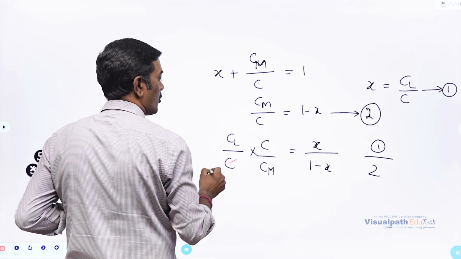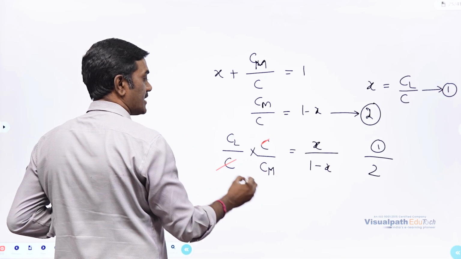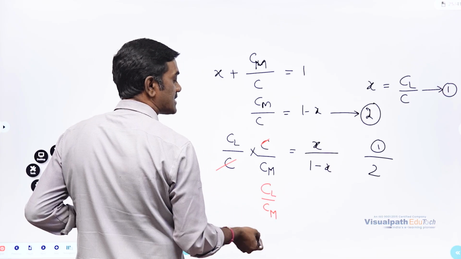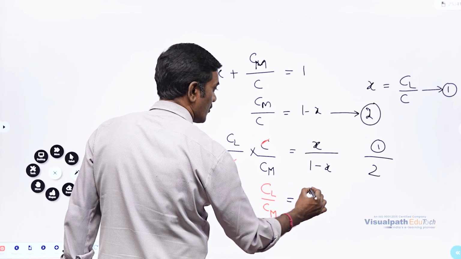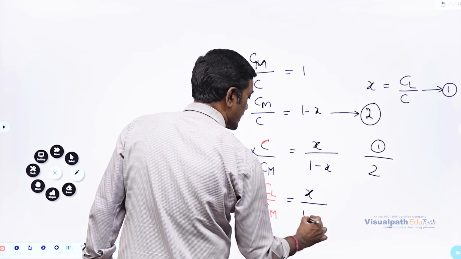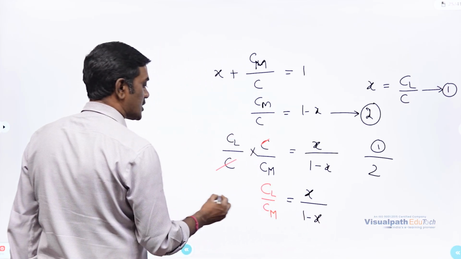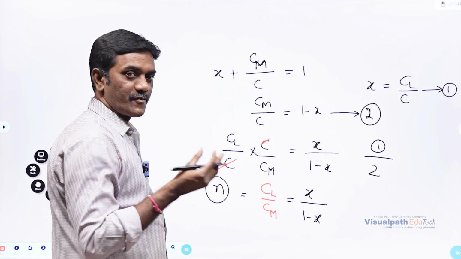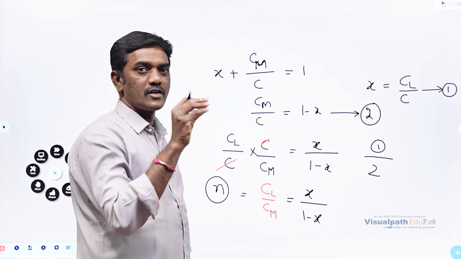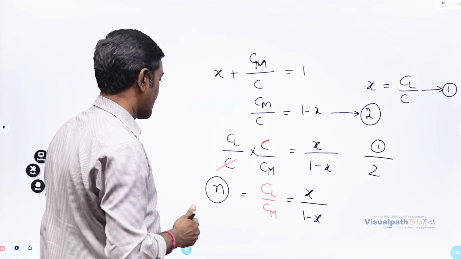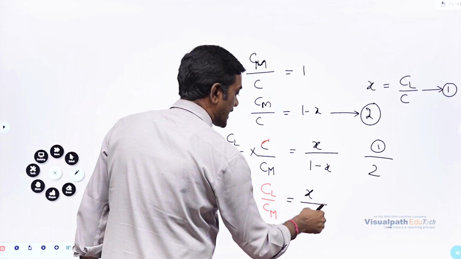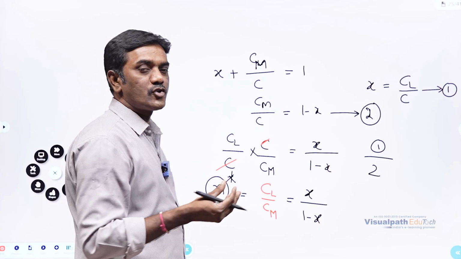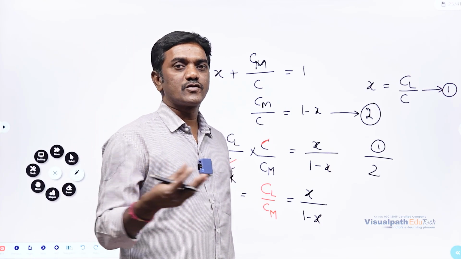Obviously the C will get cancelled and it will give you Cl by Cm. Cl by Cm is equal to n, the number of ligands attached to the metal during the formation of this complex. So n is equal to x by 1 minus x. This n is the number which will give you the composition of the ligand forming this complex.